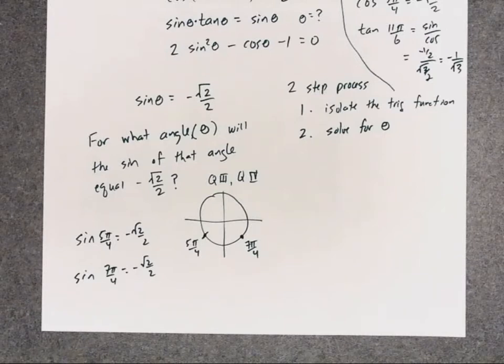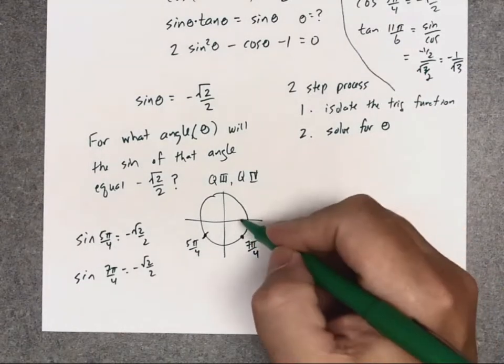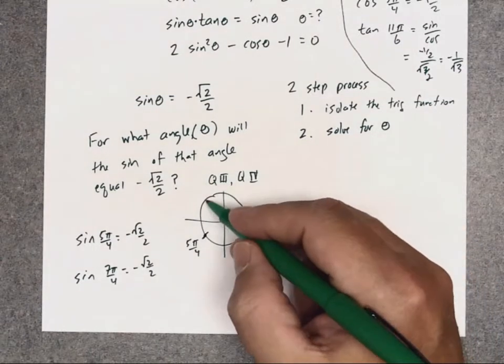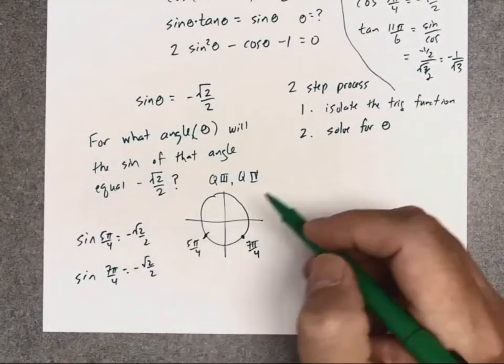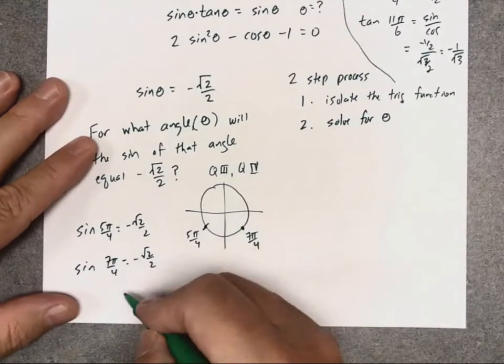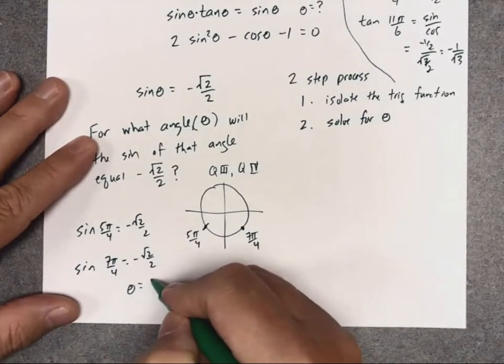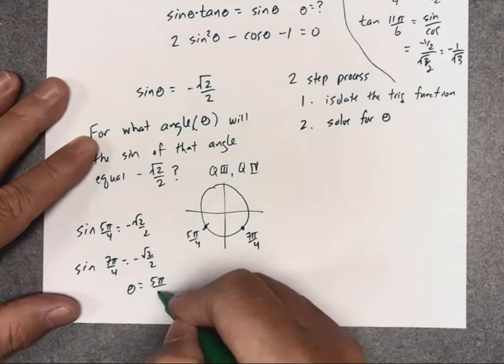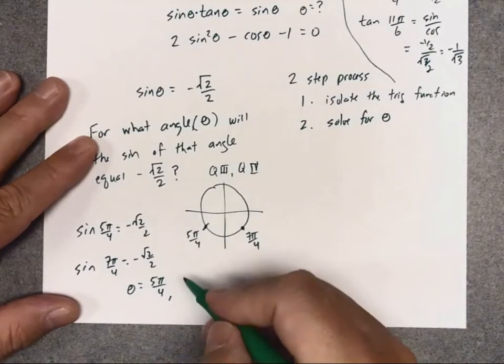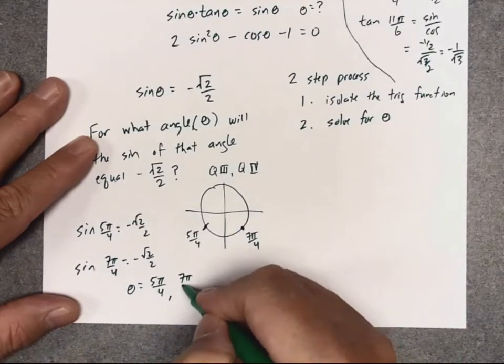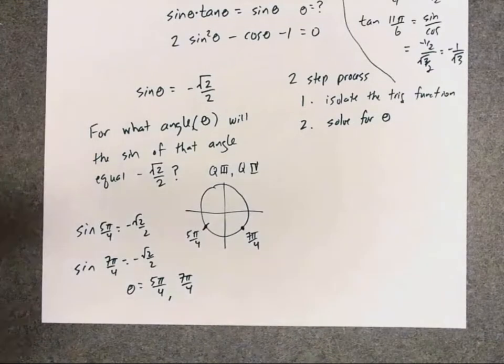So there are actually two angles. Now this is one trip around the unit circle. There are two angles that could be solutions. So I could say my solutions would be theta could be 5 pi over 4 or 7 pi over 4.